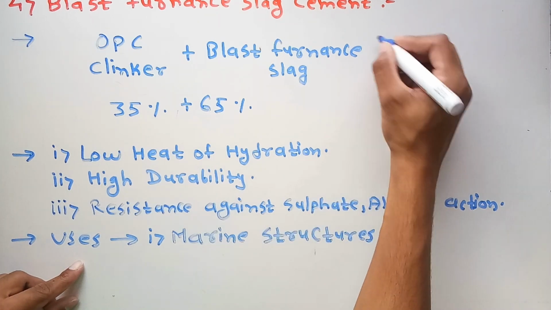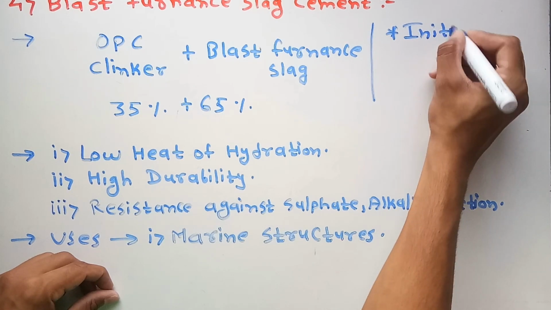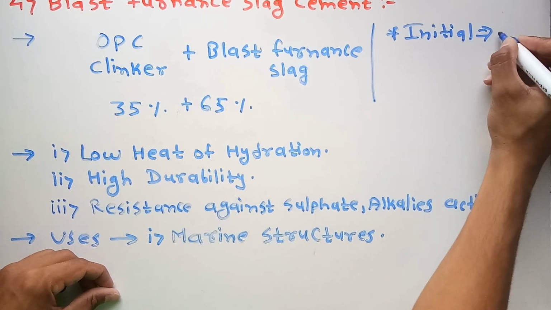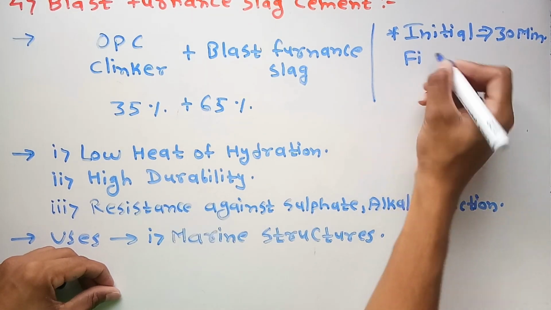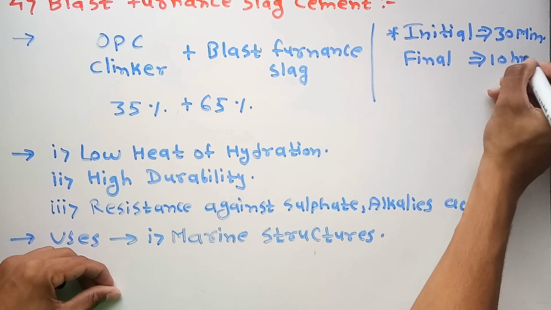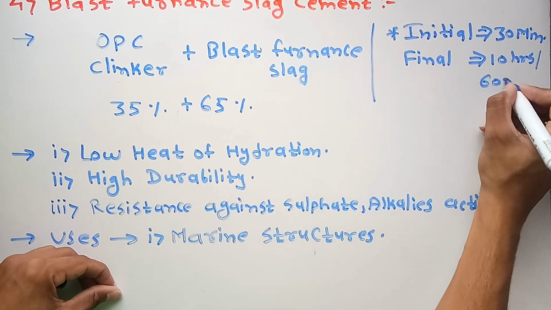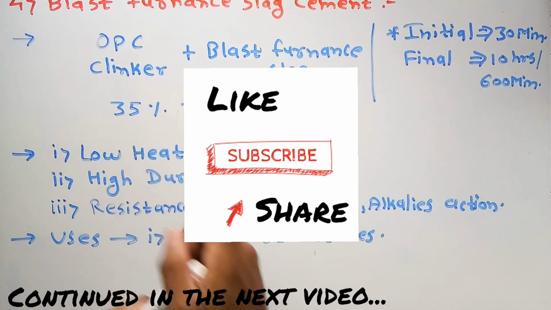That means its initial setting time is 30 minutes and the final setting time is 10 hours, or 600 minutes. So this is all about the blast furnace slag cement.